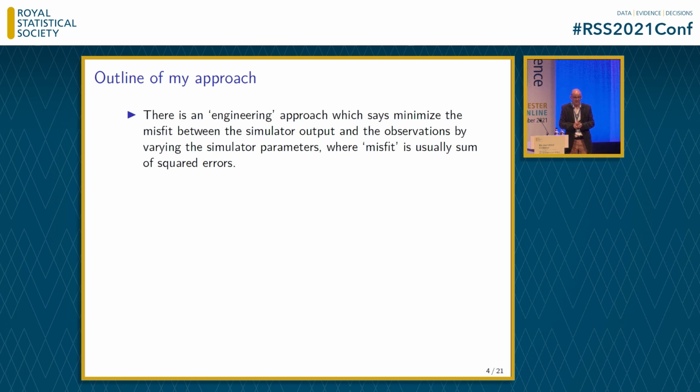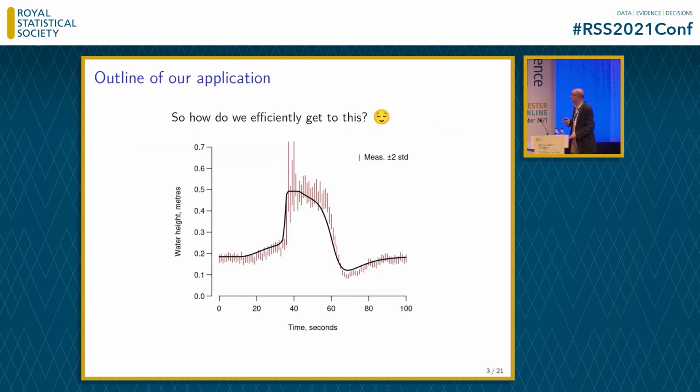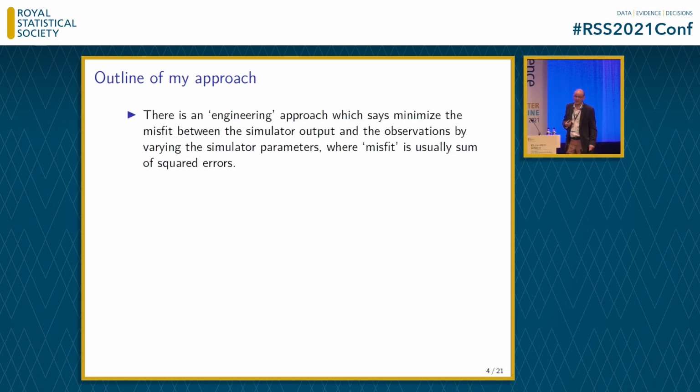So, going back to the picture, it is common in practice to simply take the squared difference between the black line and the center of the red bar. You can scale it by the observation error if you want to, square all those and sum them and then create a misfit function. That is basically what's done at the moment, right? You do your fitting by minimizing the root mean squared error. We'd call that the engineering approach, but it's much wider than just engineering.